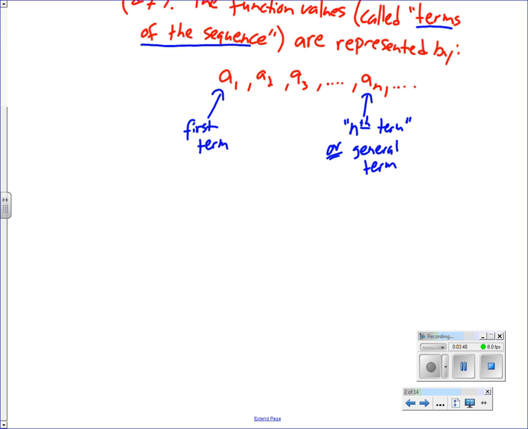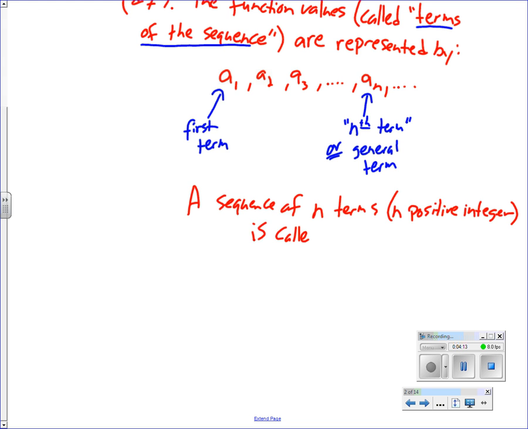So we can have sequences that stop. A sequence of n terms, where n is a positive integer, is called a finite sequence. So a sequence that has a last term, has an nth term.